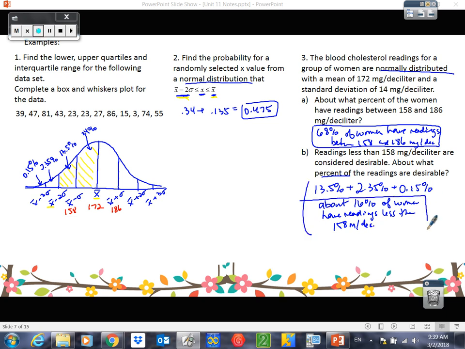Or instead of saying specific, you could say about 16% of women have readings that are desirable. Well, that's not very much, is it? 16% have good readings for cholesterol.